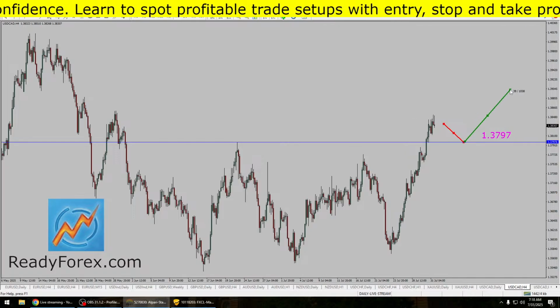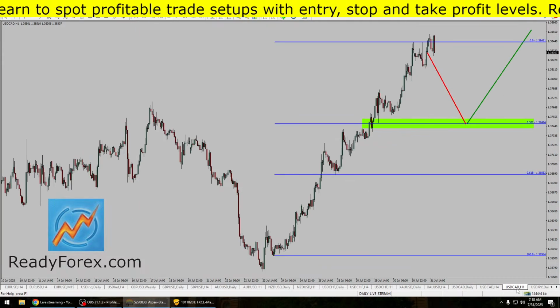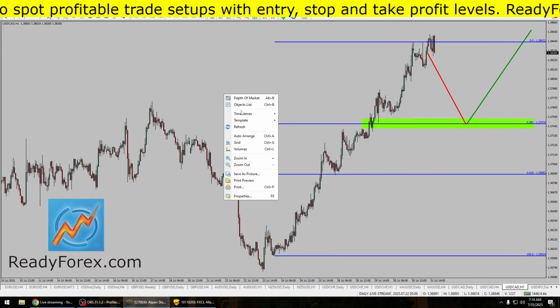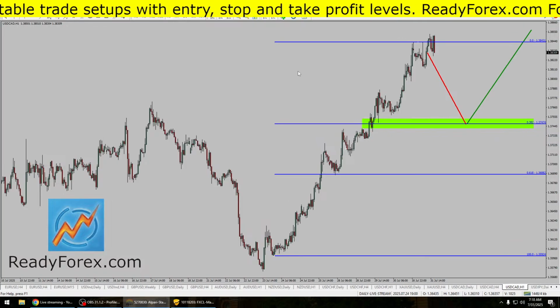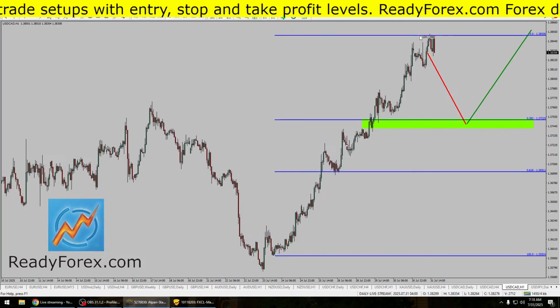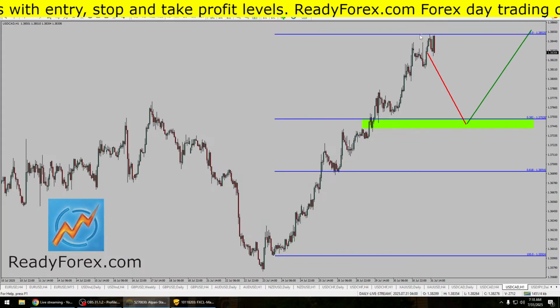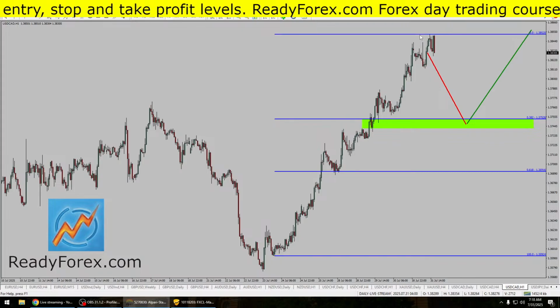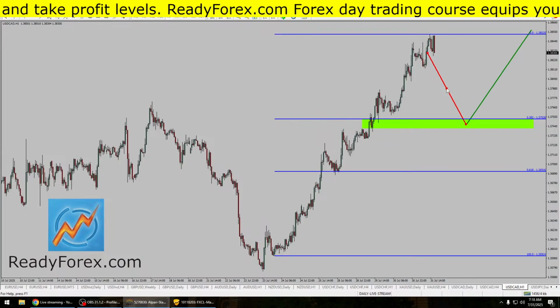So let's just take a look at a Fibonacci retracement level. So let me adjust this one. This is a clean, nice uptrend going on inside the US dollar CAD currency pair. Some people call it loonie.